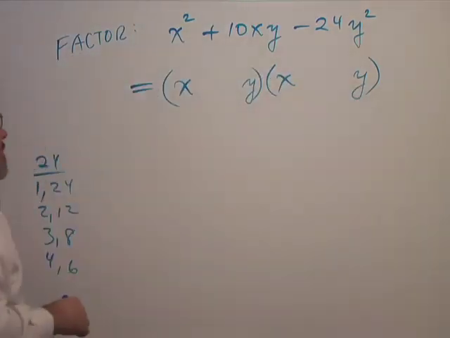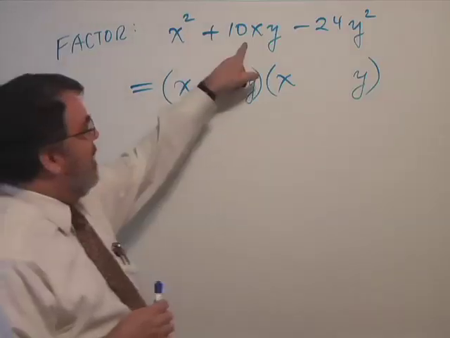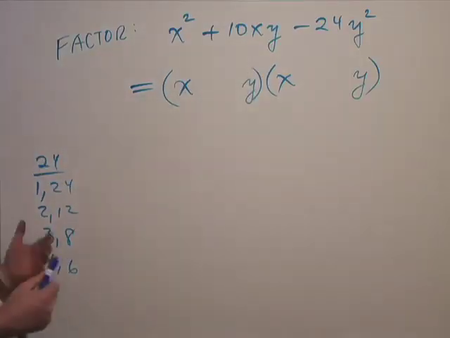And now in practice you find it'd be unusual to be 1 times 24. If you had a big number here, that might be the right pair. And so it's more likely 4, 6, 3, 8, or 2, 12. And let's try 4 and 6. It is the most likely pair.